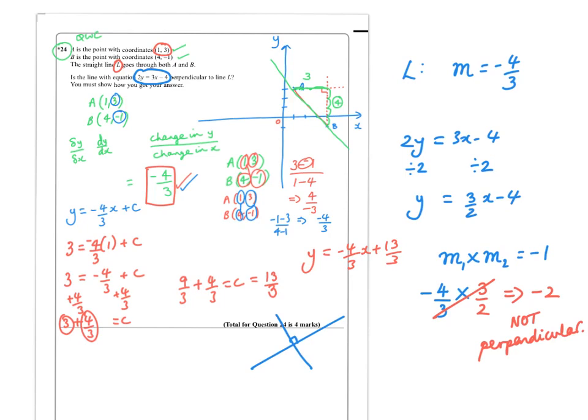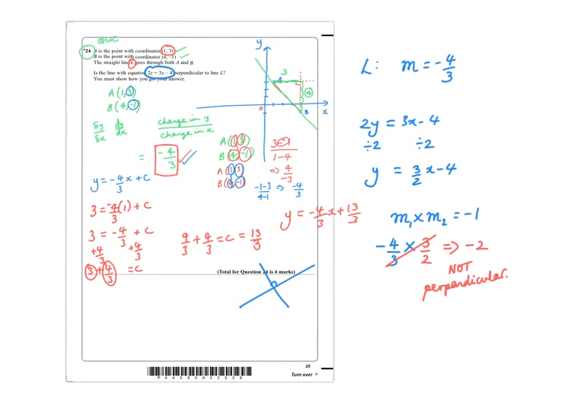Another way of working with this question is if you have a gradient of a line that you found, say of L, we had the gradient was minus 4 thirds, then if a line was perpendicular to it, what would you have to times it by to give -1? Well, if a line was going downhill, it would have to go uphill to be at right angles, so it would have to have an opposite of negative, i.e. positive, and then 4 thirds times what gives the 1?